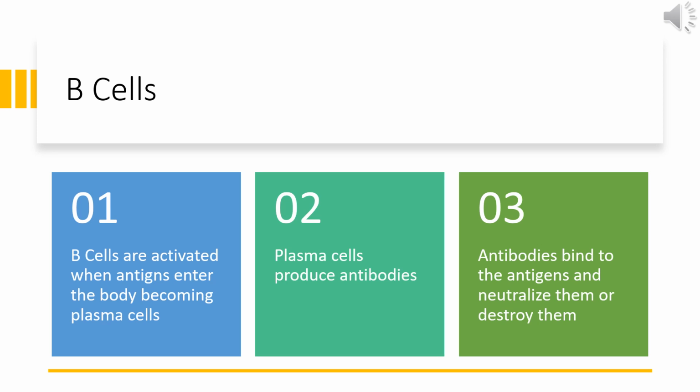And then finally, step three, the antibodies bind to the antigens and then neutralize them and destroy them, basically. How they would neutralize them is that they would kind of do what I've previously stated in the phagocytosis. They would surround them and then make them unable to replicate, and the bacteria is slowly dying out.